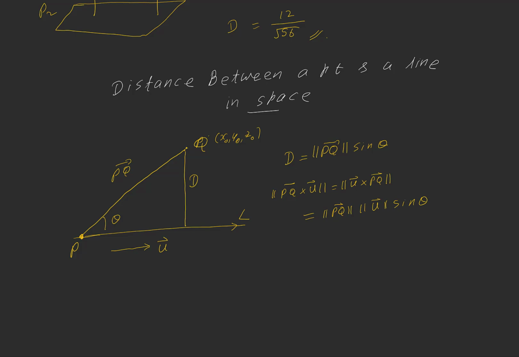So you see PQ sine theta is D. Therefore, I can plug in D for PQ sine theta. So then D equals the magnitude of PQ cross U divided by the magnitude of U. So that is the distance between a line and a point in this space.